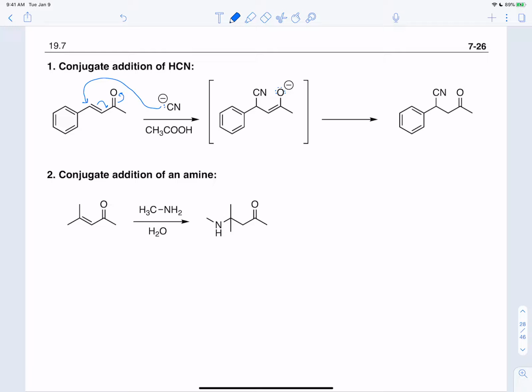These usually have some sort of proton source around, like a little bit of acid to help catalyze the proton transfer. Now we can have a final protonation of the enolate to give our 1,4 addition product. So again, this being the 1, 2, can I draw 2s today?